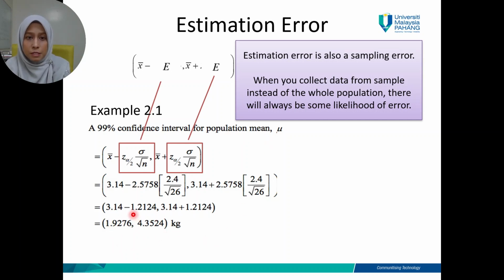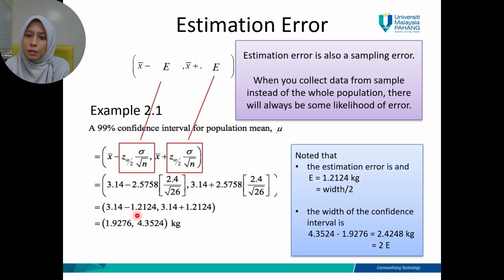This is the magnitude of the error, which is 1.2124 kilogram. This is also equivalent to the width of the confidence interval divided by 2. Please remember this. Estimation error is equivalent to the width of the confidence interval divided by 2.